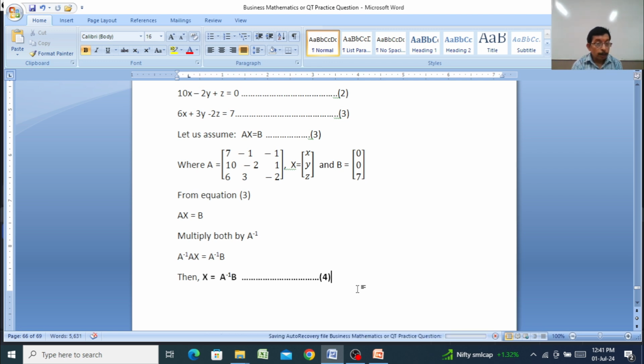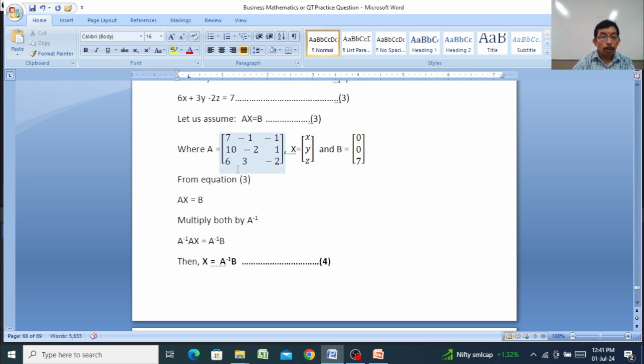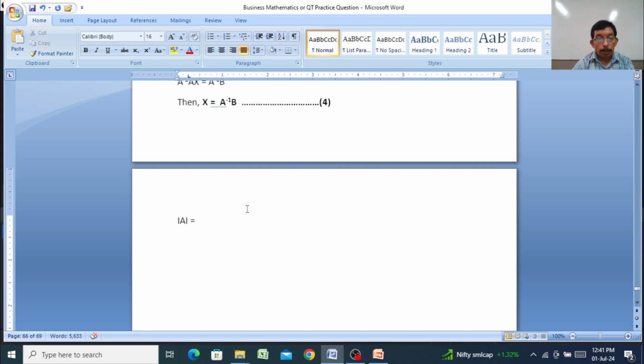B is given. Now we find the value of A inverse. In the next step, first we find the determinant of A. Determinant of A is equal to expanding the given matrix according to the first row. Then the first value is 7, first row first value is 7.